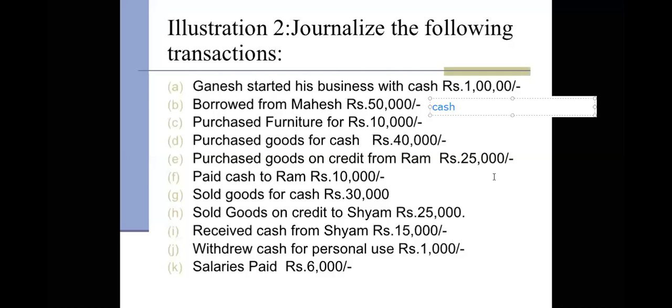Now see the next entry: borrowed from Mahesh rupees 50,000. If you have borrowed from Mahesh, that means you have borrowed cash of 50,000, and cash will be debited. Debit what comes in.